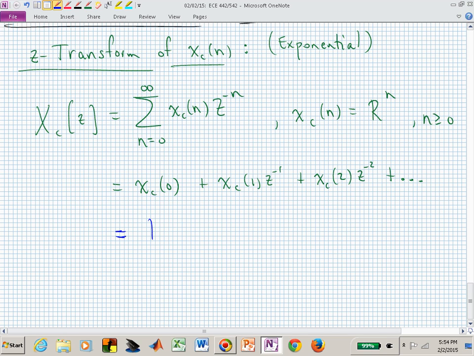Little x sub c of 0, that's r to the 0, that's 1, plus r z to the minus 1, plus r squared z to the minus 2, plus r cubed z to the minus 3, and that pattern continues.